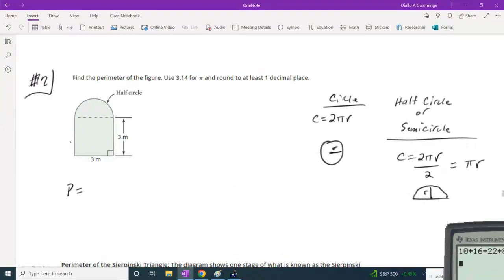So the perimeter, that's going to equal pi times r. So that's going to give me the circumference for the top, which is a half circle, plus I want to take the perimeter for that side, which is 3, plus this side, which is 3, plus this side, which is 3.